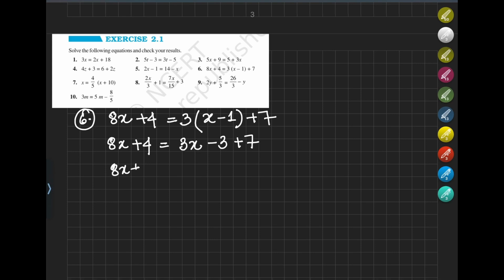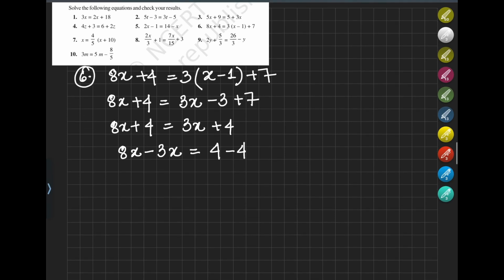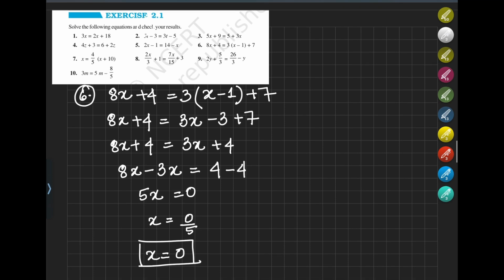So 8x plus 4 is equal to 3x plus 4. Bring the 3x to the LHS and take the 4 to the RHS. So we have 5x is equal to 0. So x is equal to 0 by 5, or x is equal to 0. This is the solution of the equation, and as the question says, we have to check.